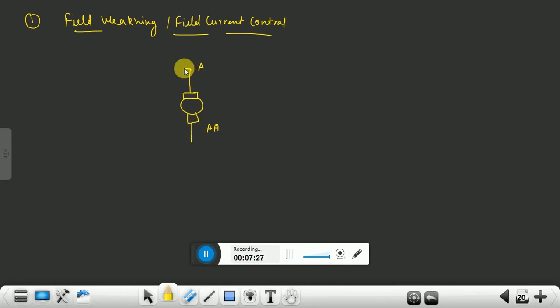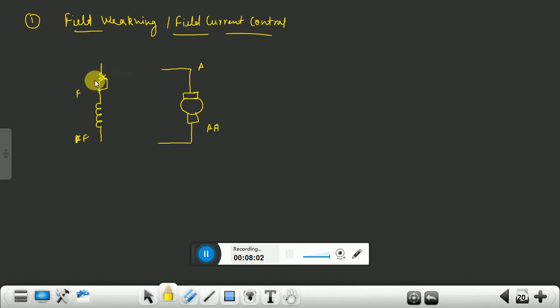Okay, and this is your field winding. Field winding terminals are suppose F and double F. Okay, in between we connect a rheostat.